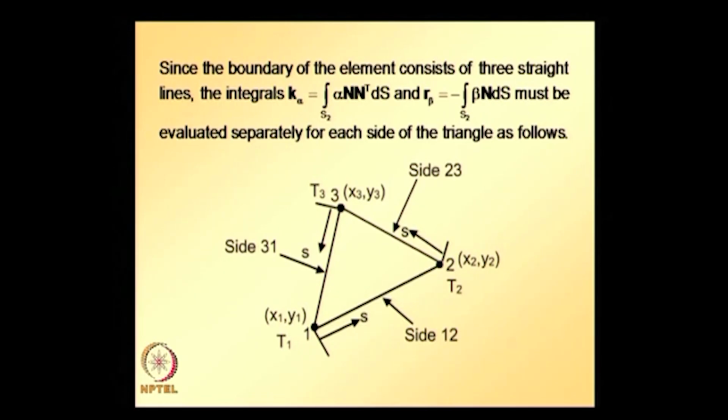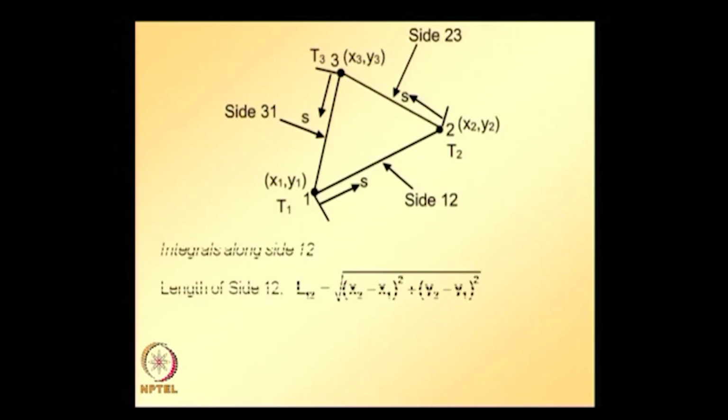One more thing to note is that along side 1 2 the shape function of node 3 is going to be 0, along side 2 3 the shape function of node 1 is going to be 0, along side 3 1 the shape function of node 2 is going to be 0. So, to evaluate the integral along side 1 2, we require the length of side 1 2. Side 1 2 can be calculated once we know the coordinates of each of the nodes.